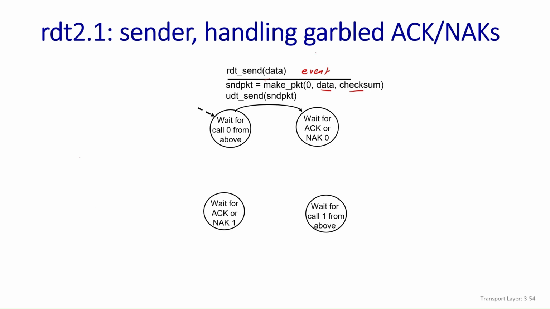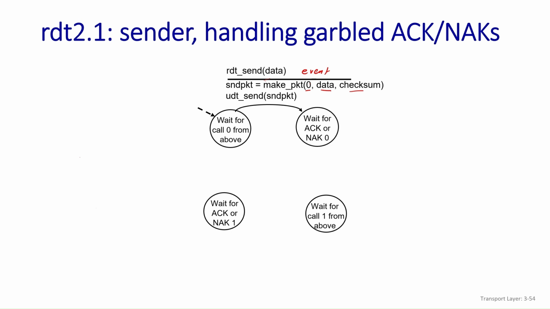But what is new here? What are we changing at the sender side? In addition to data and checksum, we are also adding a sequence number. The zero is the sequence number.